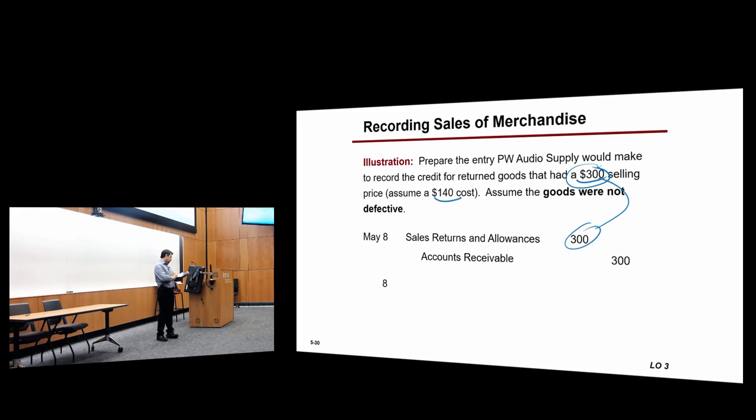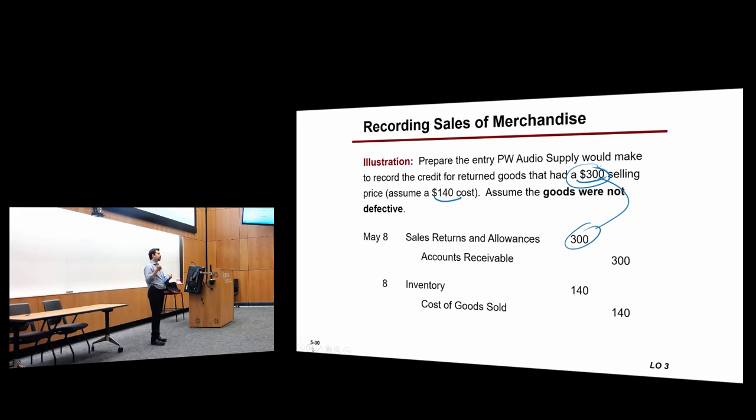So we debit inventory, 140. What do you credit? Yes. Cost of goods sold. Now, you recognize less expenses, because basically, it's as if you did not sell those products. So when you record a return, you make two journal entries.